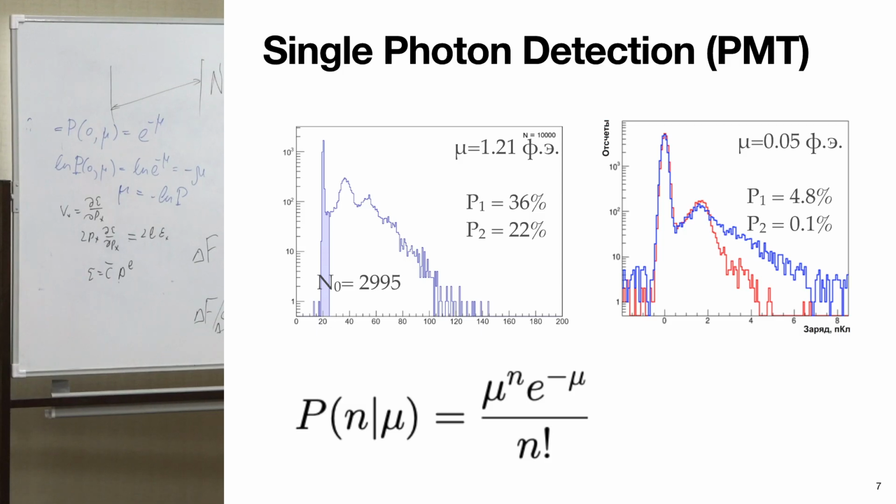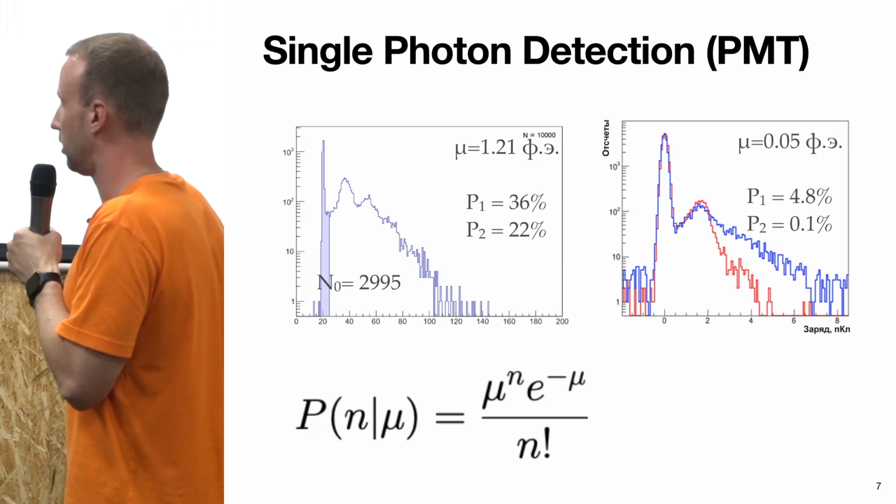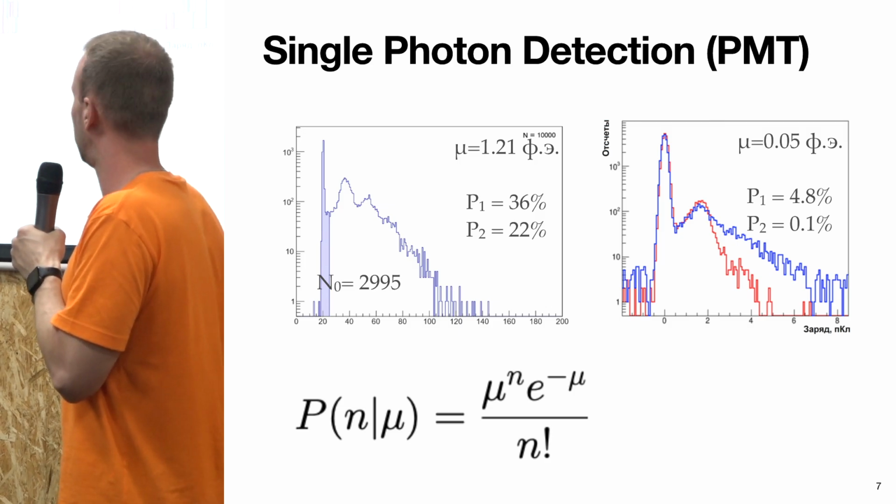Okay, so how to get the probability of zeros from this histogram? Maybe you can answer this question as well. We can count the times where we don't get any pulses. Yes. So for instance, we have here 10,000 events, and let's say 3,000 events in the pedestal. So what's the probability of zeros in that case?